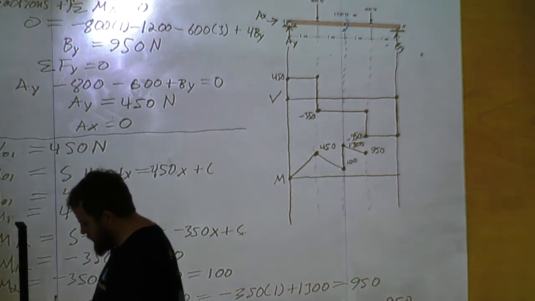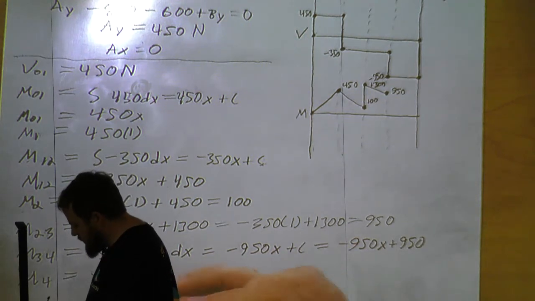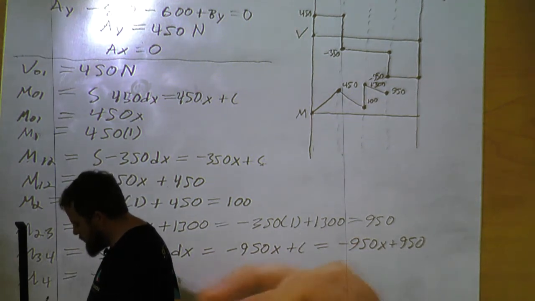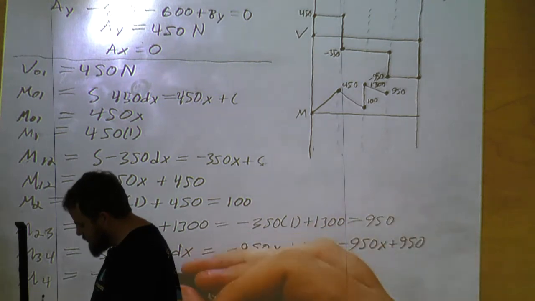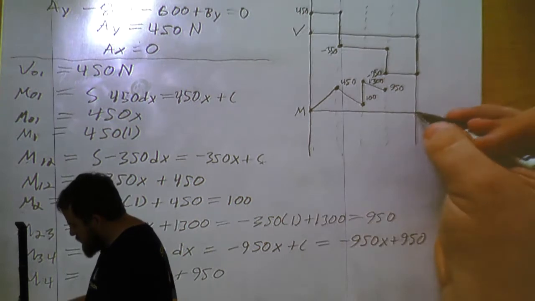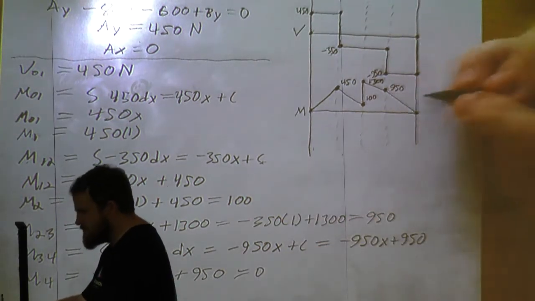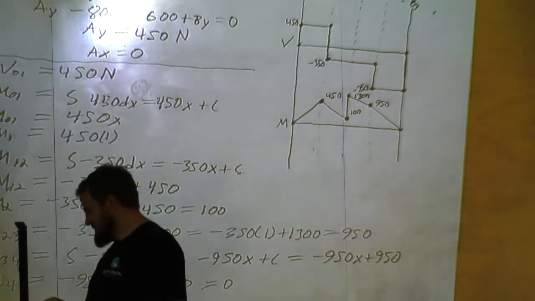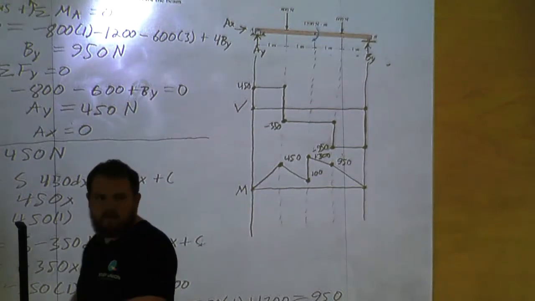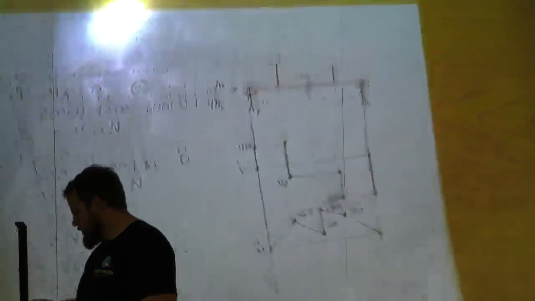So moment at 4 is going to be negative 950 times 1 plus 950, which is 0. That makes sense to everyone? It's not too bad. I just wanted to include one with an applied moment on it. Okay.